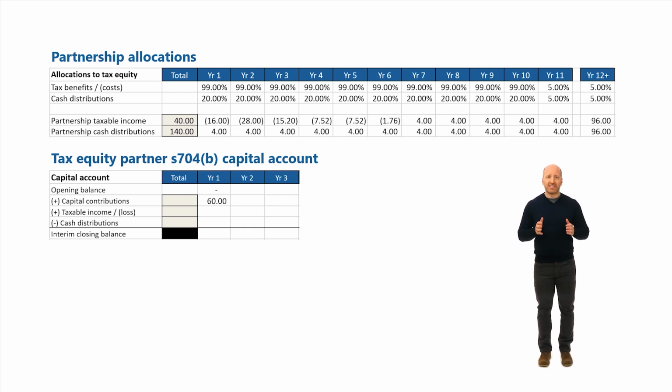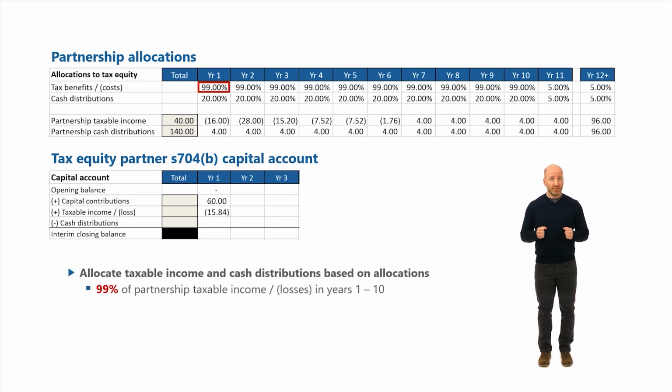Now, allocated to them will be 99% of the taxable income, or losses, which is 99% times the $16 million in partnership loss, equaling $15.84 million. And then they'll take 20% of the cash distributions, which will reduce their capital account balance, leaving the closing balance at $43.36 million at the end of year 1.